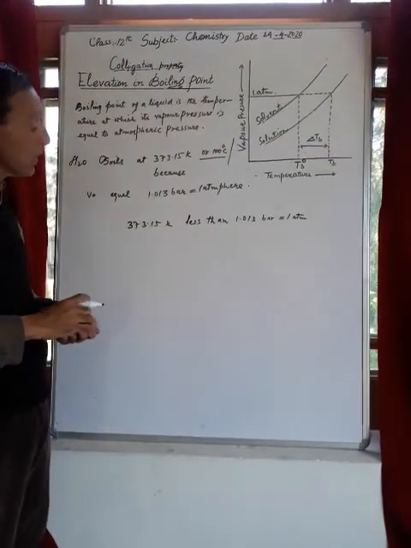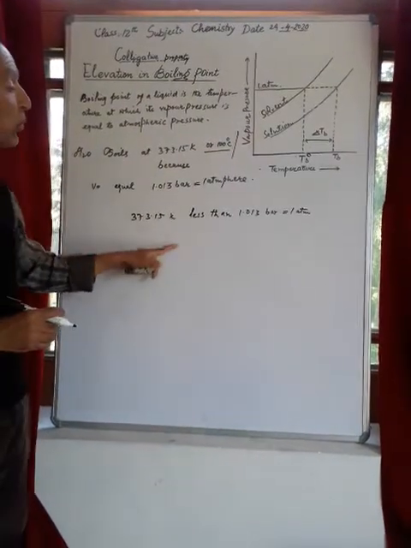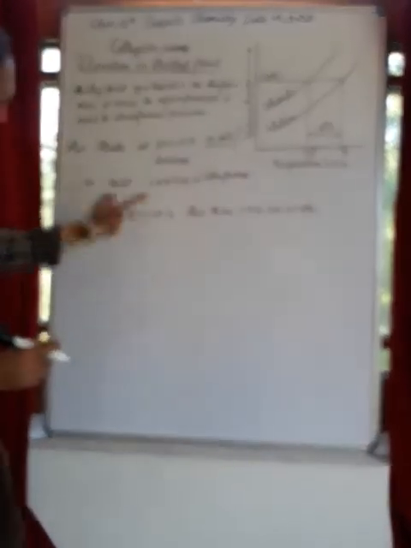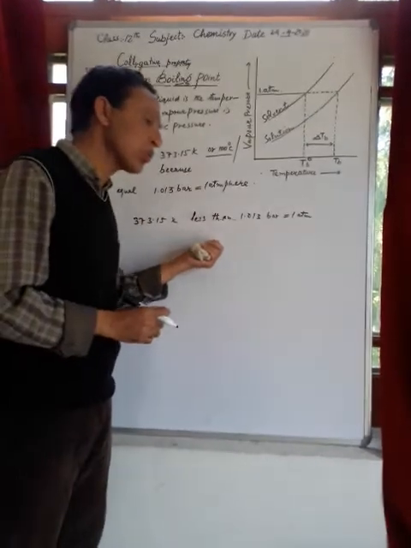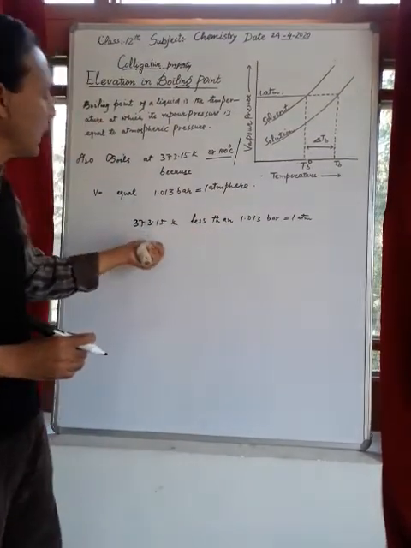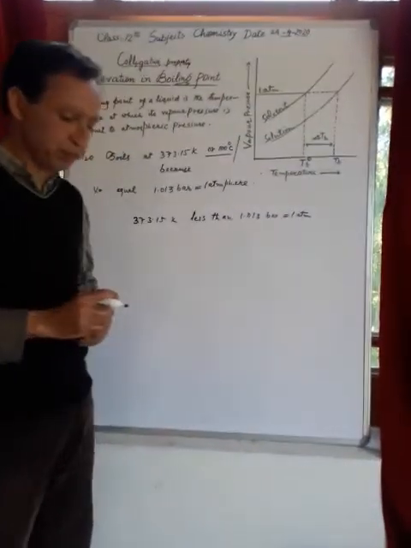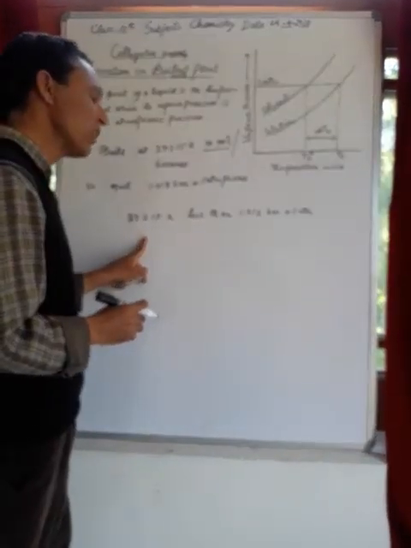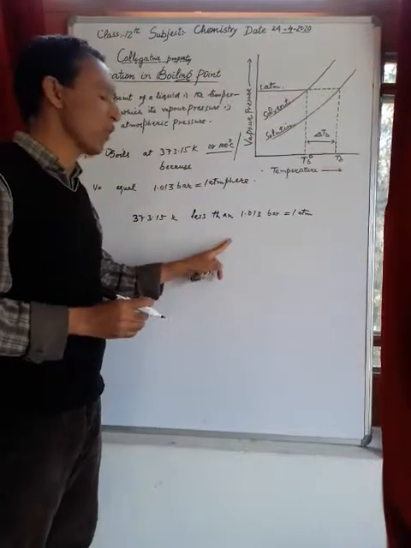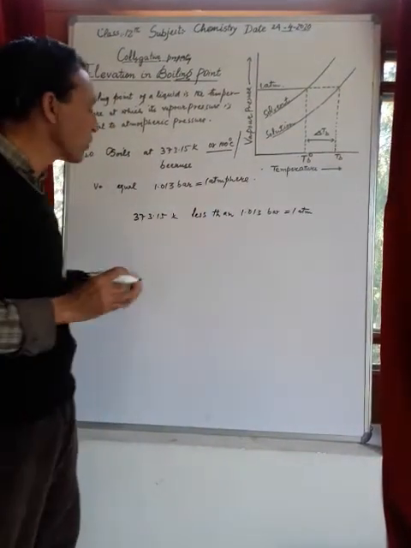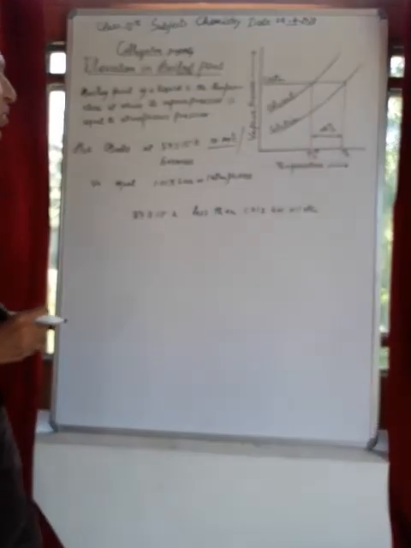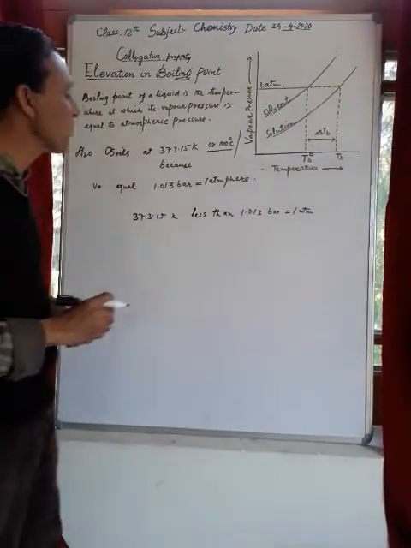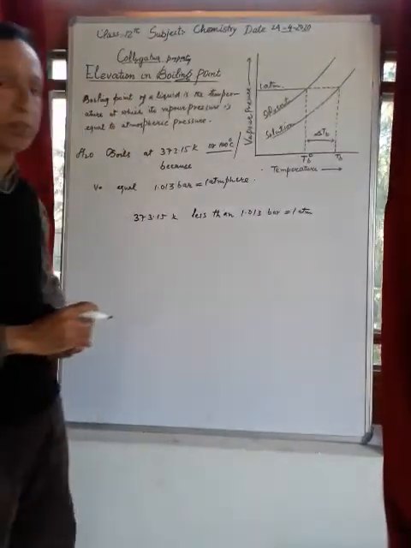That means the boiling point of the starch solution will be higher than the boiling point of the water. The difference in the boiling point of the solution and its solvent in which the solution is prepared is called the elevation in boiling point.